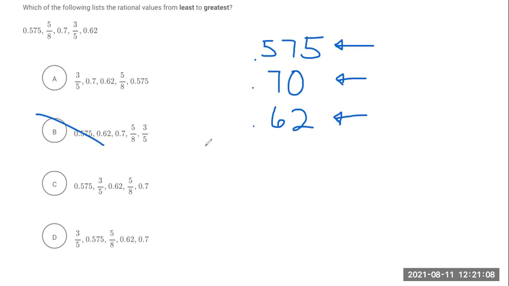So it should go 0.575, and then somewhere on the lines it should go 62, and then somewhere else along the lines it should go 70. So this one right here has 70 or 0.7 first. So that can't be right.